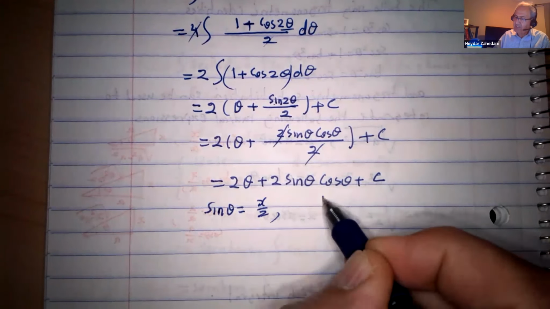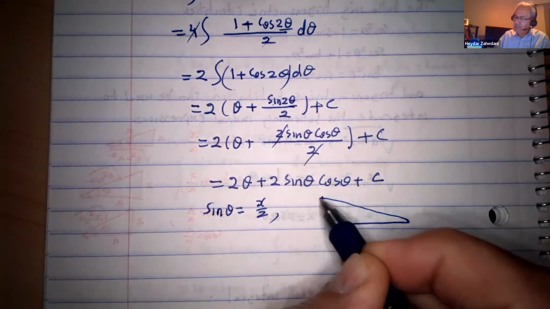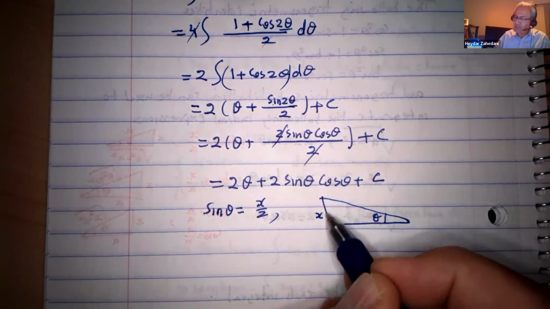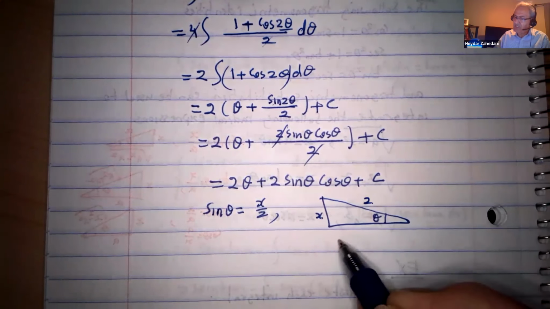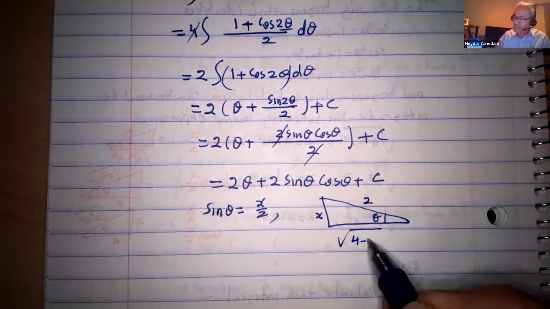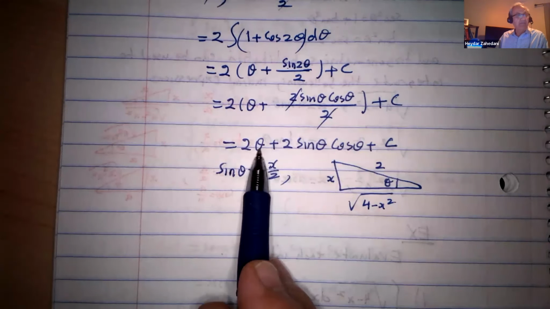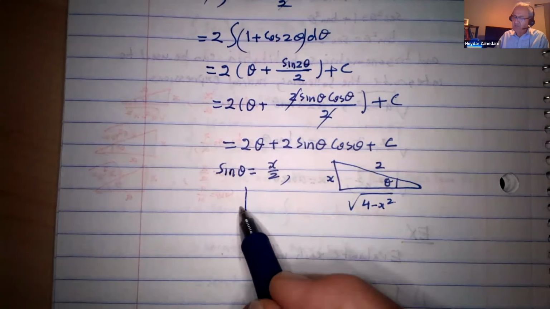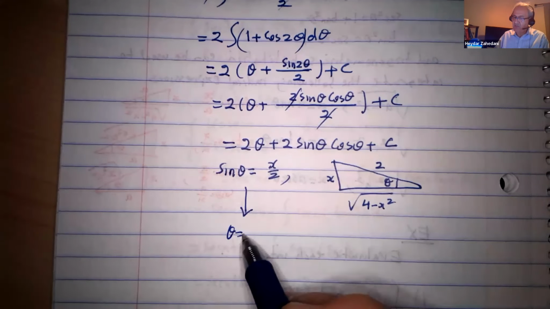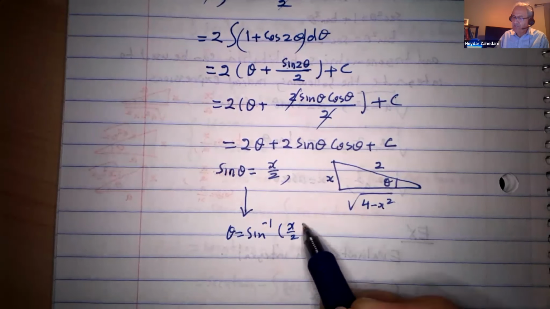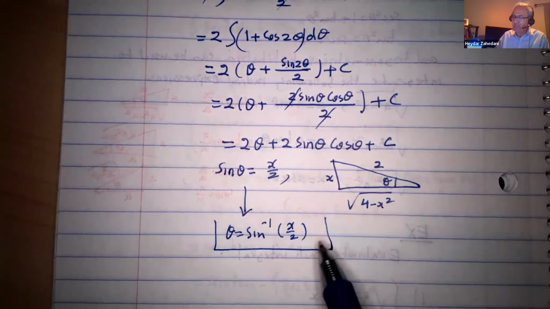I bring it here again. So that's the theta. The sine is going to be the opposite over the hypotenuse, and the adjacent is the square root of 4 minus x squared. So I need theta. To get the theta, I use the inverse function. So the theta is going to be the sine inverse of x over 2. This is your substitute for the theta.